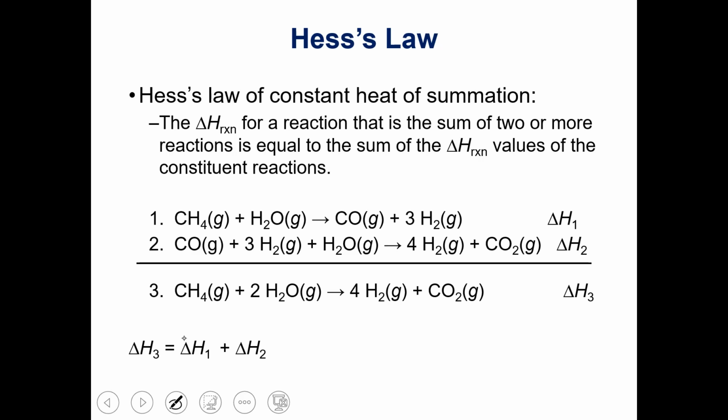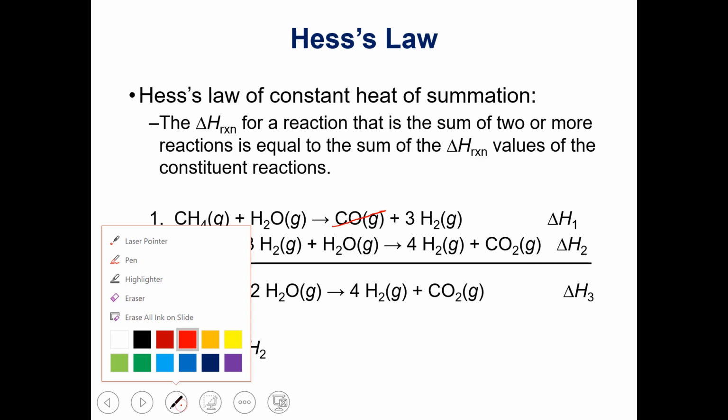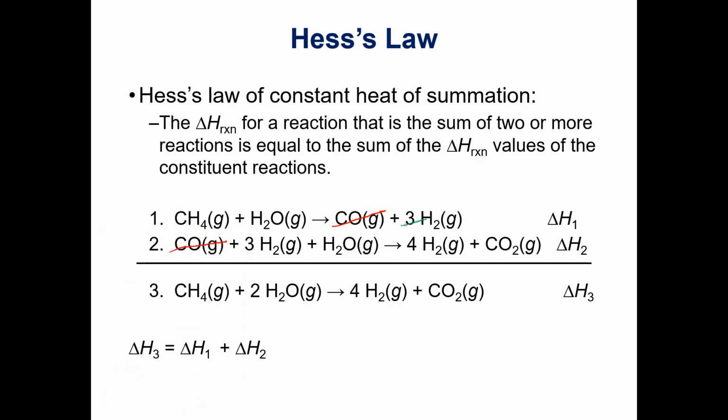If we look at reaction 1, we have carbon monoxide as a gas on the product side, and we have carbon monoxide as a gas as a reactant in reaction 2. If a substance appears in the same form on both sides, in this case carbon monoxide as a gas, it cancels. And if we look carefully, we have 3H2 as a gas on the reactant side of the second equation.